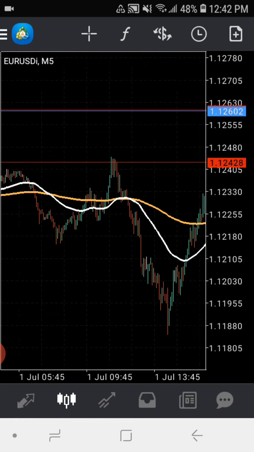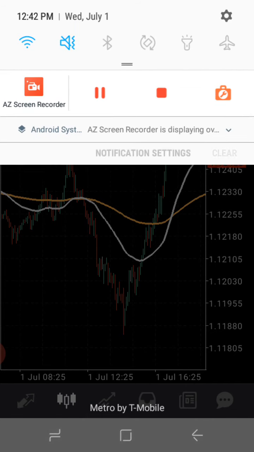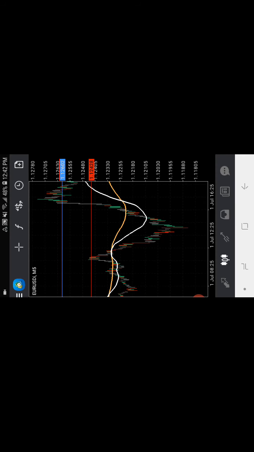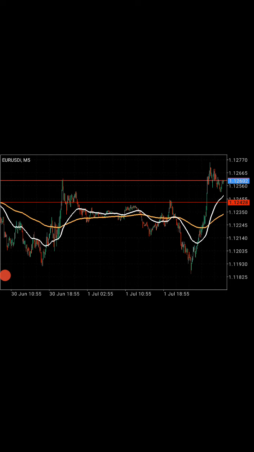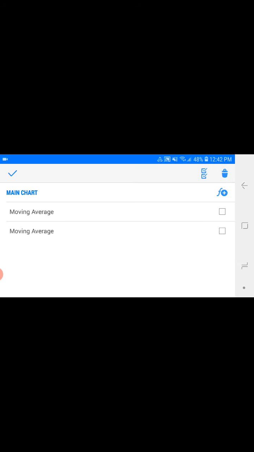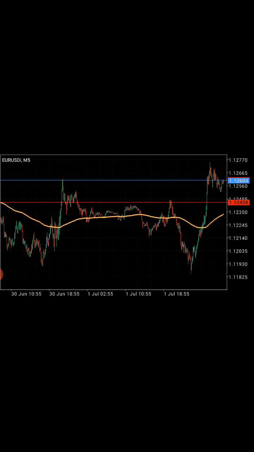What they do is they kind of tell you where the market is going, and they also tell you what to trade and how to trade. So I'm gonna take one of these indicators off, and it only leaves that one.